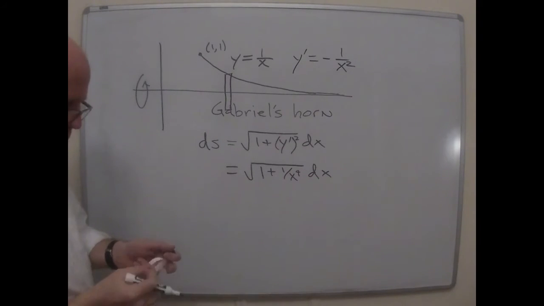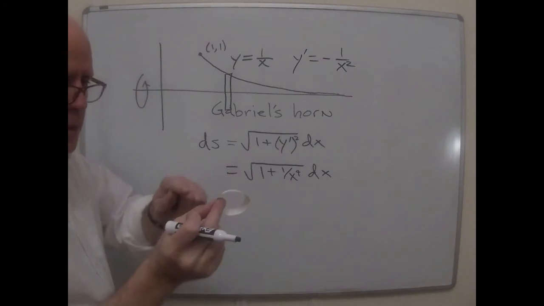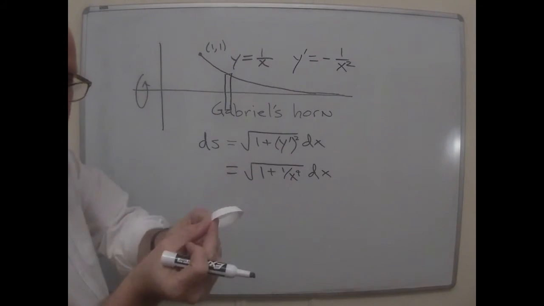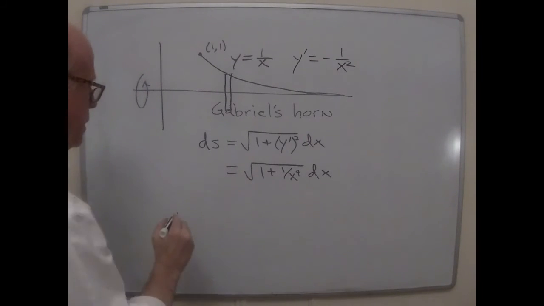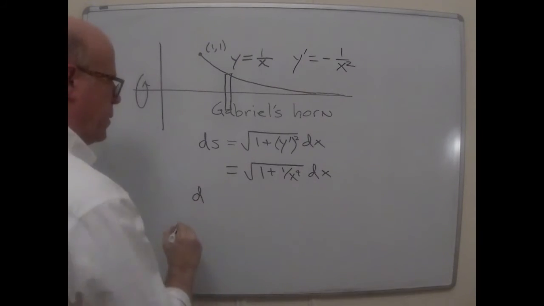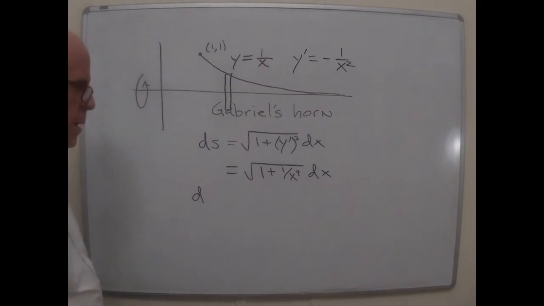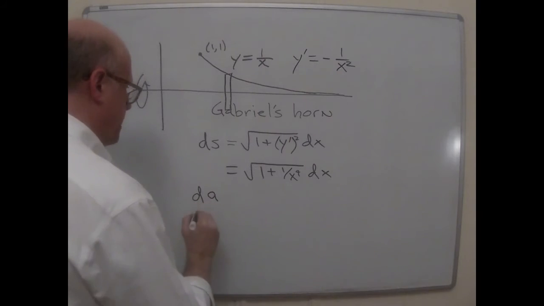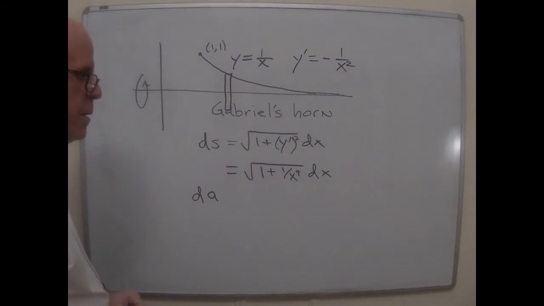Now that's arc length. To get the surface area, the part that's on the outside of this frustum of a cone, what should we call that number? I'm going to use little a because I usually think of big A as area, but this is surface area. Well, okay.